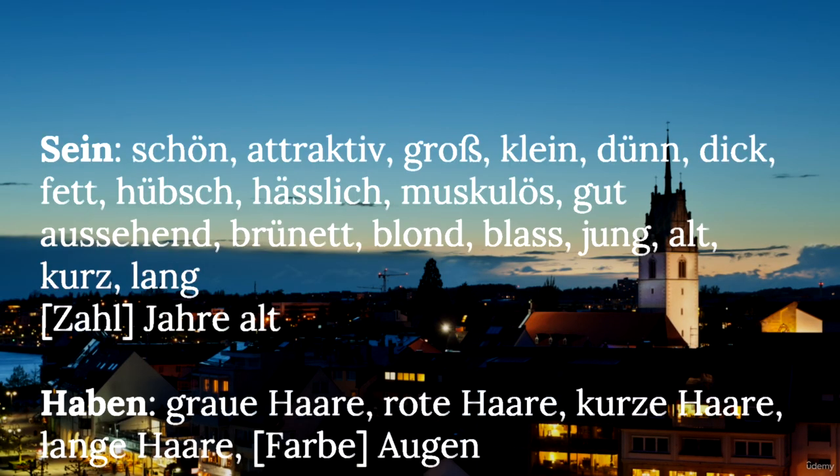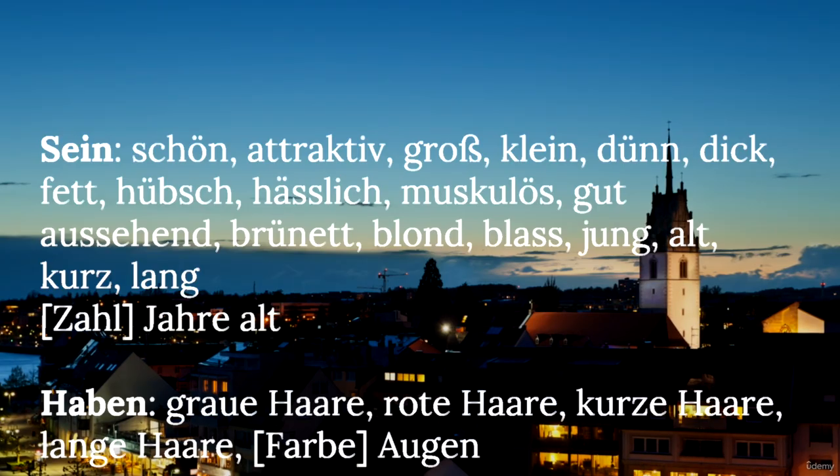The last thing is when you want to say how old you are. For example, ich bin 20 Jahre alt. I'm 20 years old. Here you have to use the verb sein.